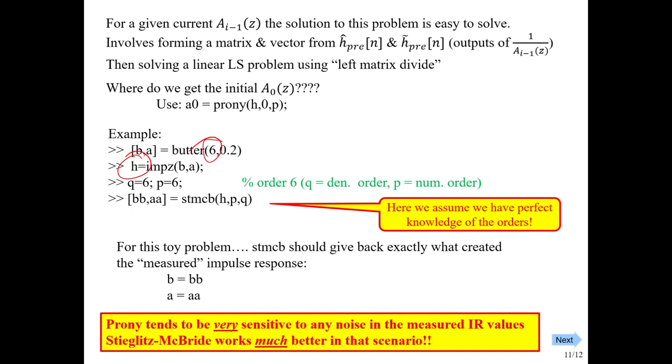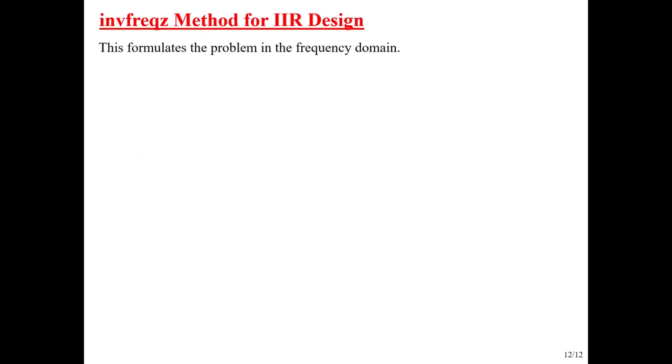Don't check the impulse responses, check the frequency responses, and you'll see that Prony doesn't get it right until you boost the order up a lot. But Steiglitz-McBride gets it right with almost exactly the right order. So you can give that a try, play around with that.